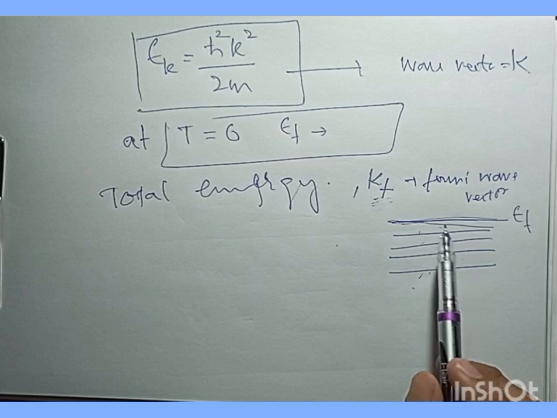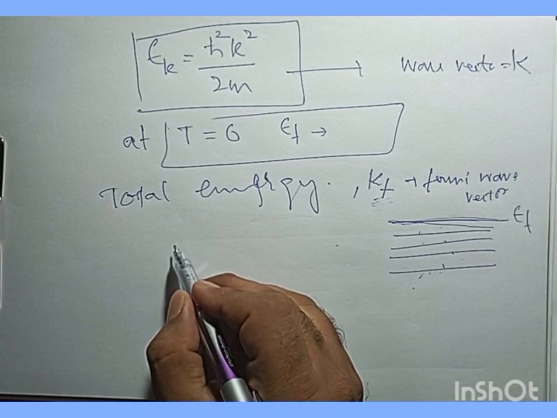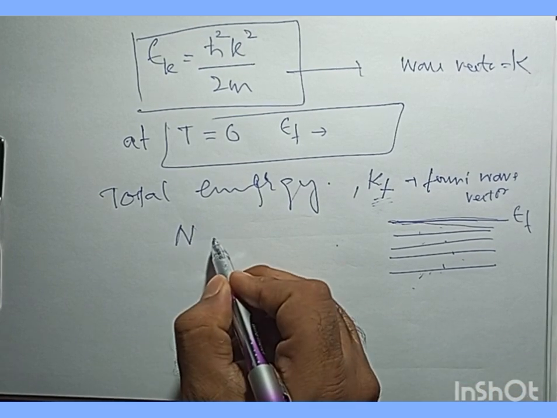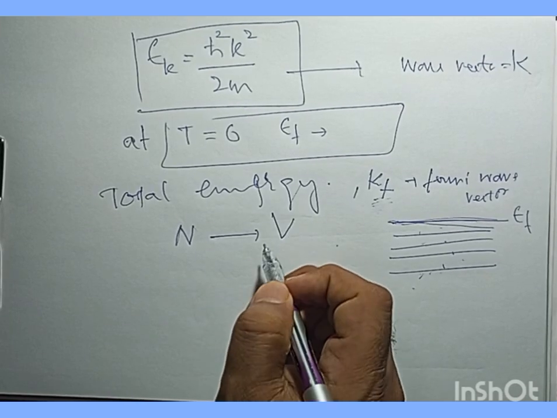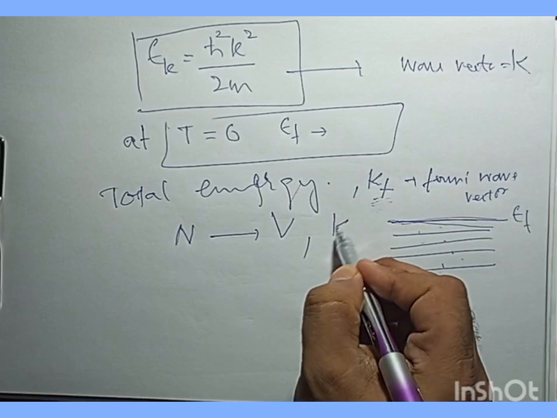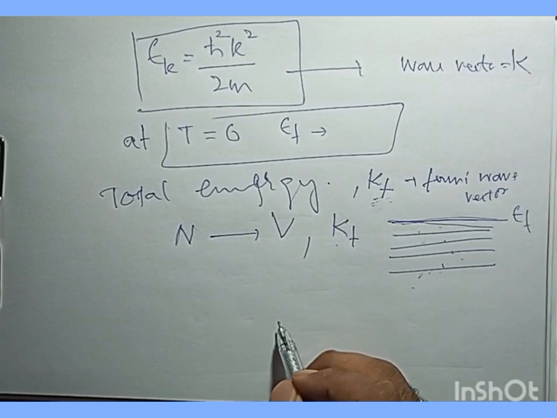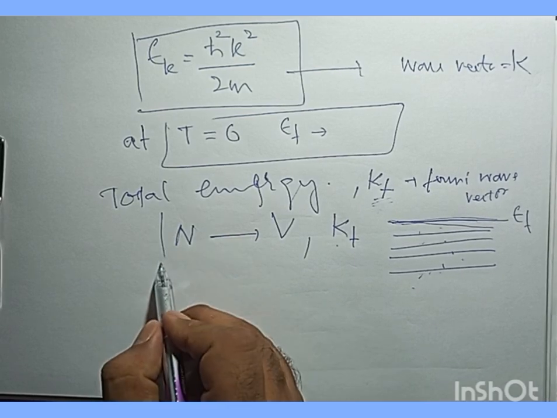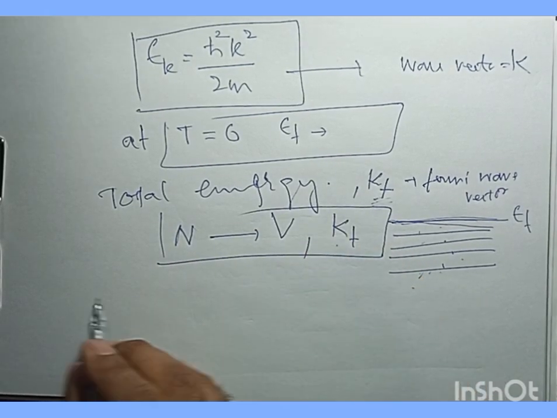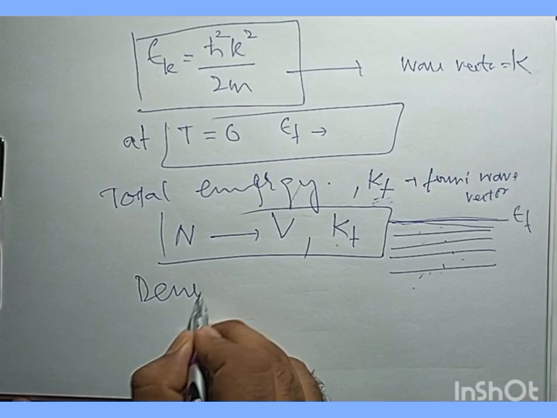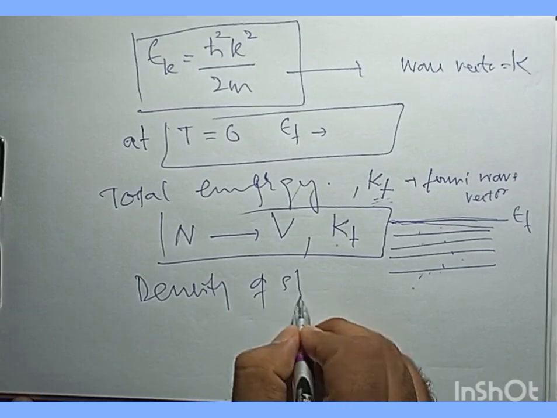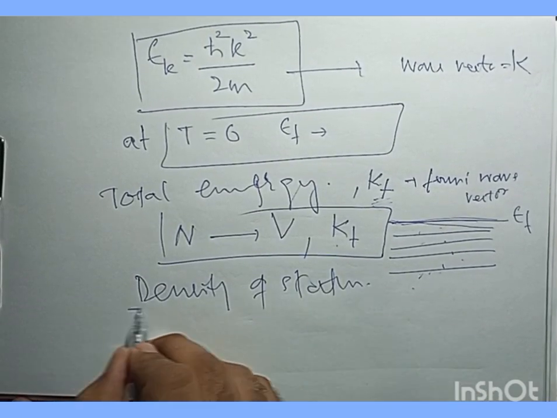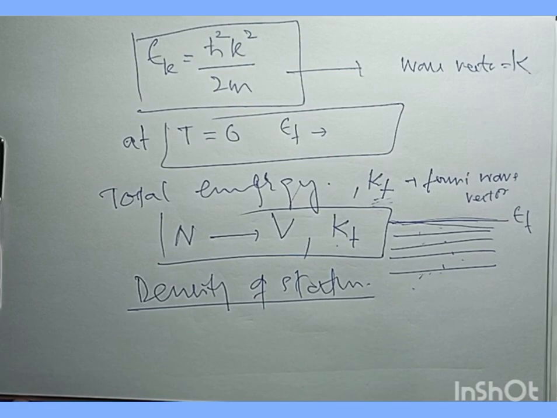Now, the number of fermions, which is N, in the volume V, is related to this kF, the Fermi wave vector. The three are related by the density of states, the number of energy levels per unit energy range.